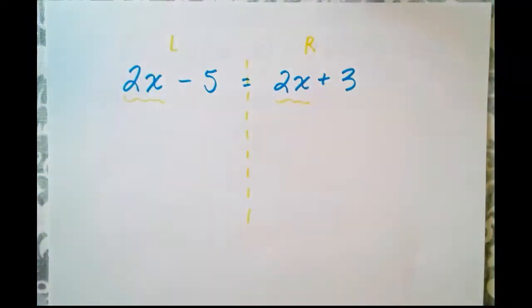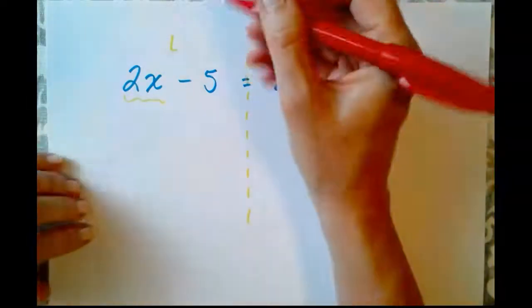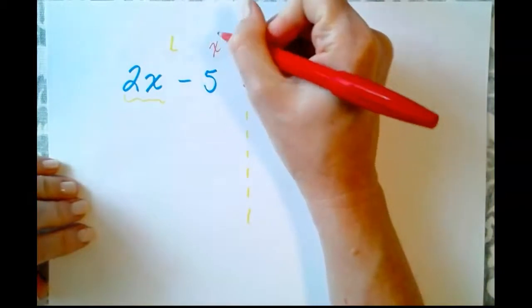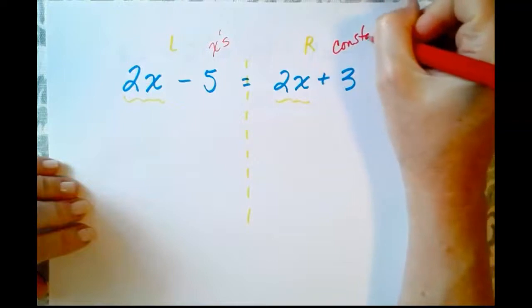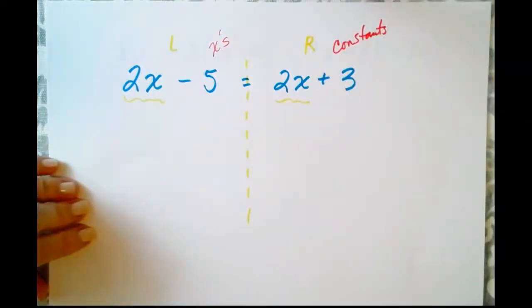Well, let's apply the properties of algebra and see how all of this plays out. So first of all, let's keep going with our strategy that we've already been using, which is to get all our variables, in this case the x's, on the left, and get our constants on the right.